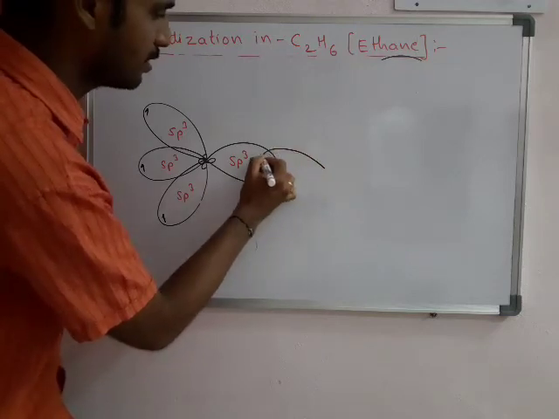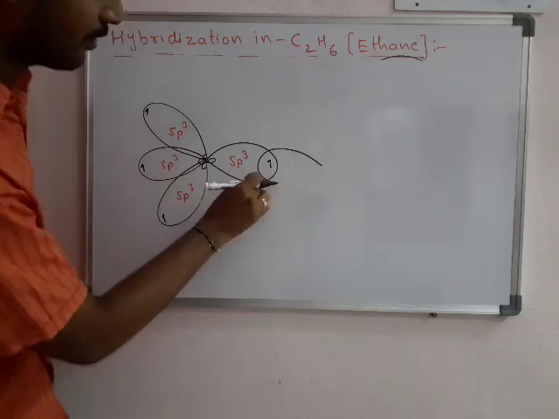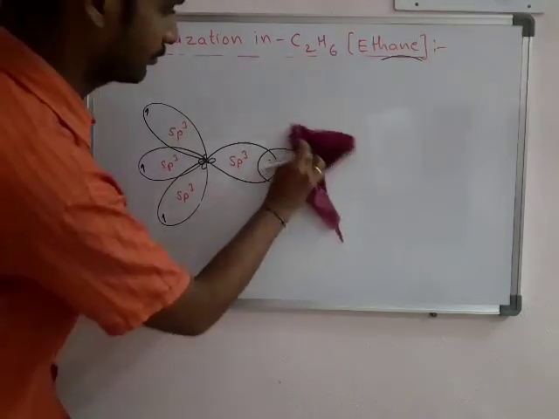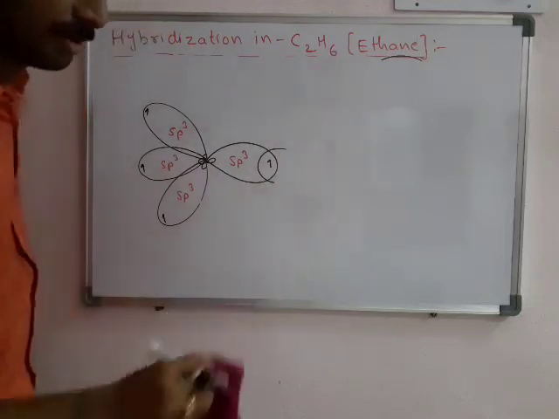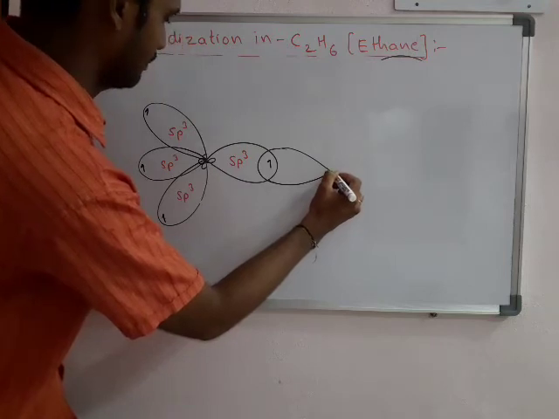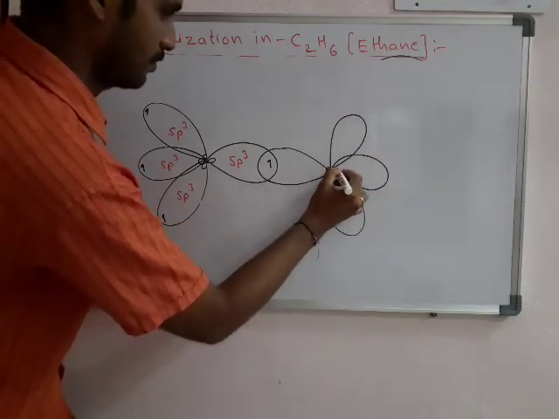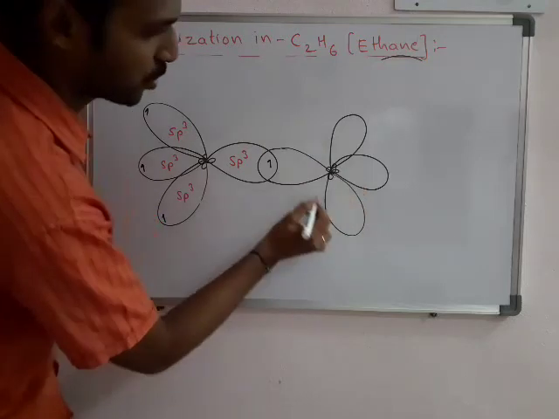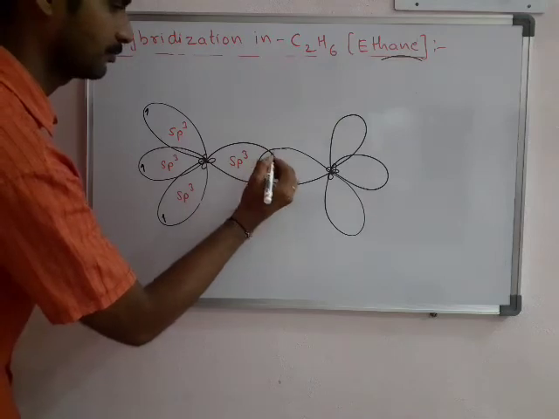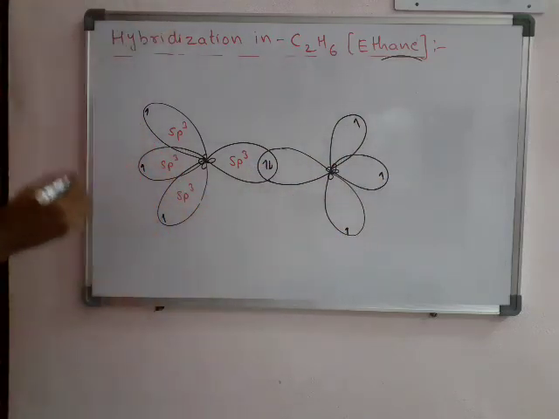One sp3 hybrid orbital forms a bond with the sp3 of the first carbon. At last you draw the small lobes. These also contain unpaired electrons.